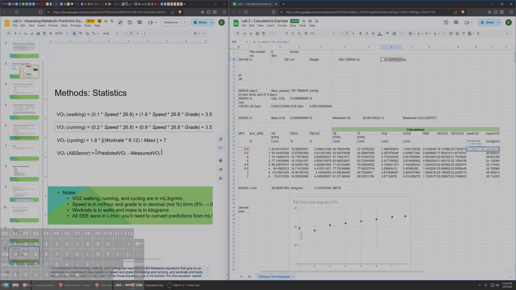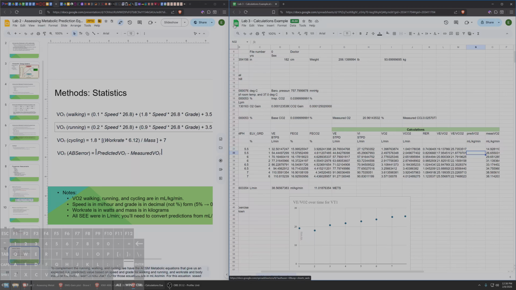Then plus 7. Beforehand, I'm going to add in that dollar sign for the mass. Again, this isn't what the person did, we know it's not.